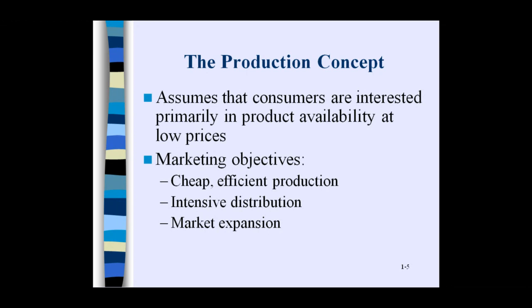Now, what are the marketing objectives behind this production concept? It says that the organization must focus on cheap and efficient production. We no longer use the word cheap; we say economic and efficient production, very intensive distribution, and then market expansion.